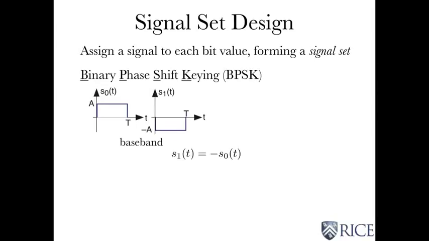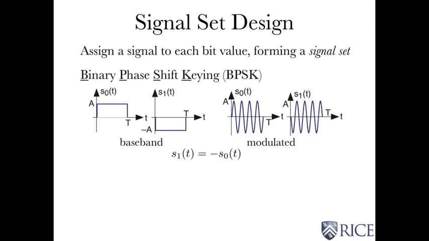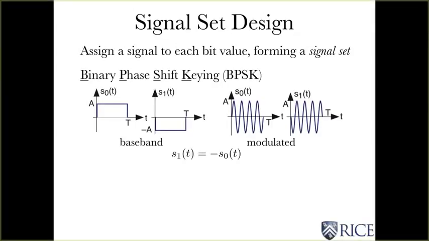It exists at low frequencies. If you wanted to modulate it up, you can. That's also a BPSK signal set because the two members of the signal set obey this relationship. You can see here I have a positive sine wave, and here I have a negative sine wave. So they are still BPSK.